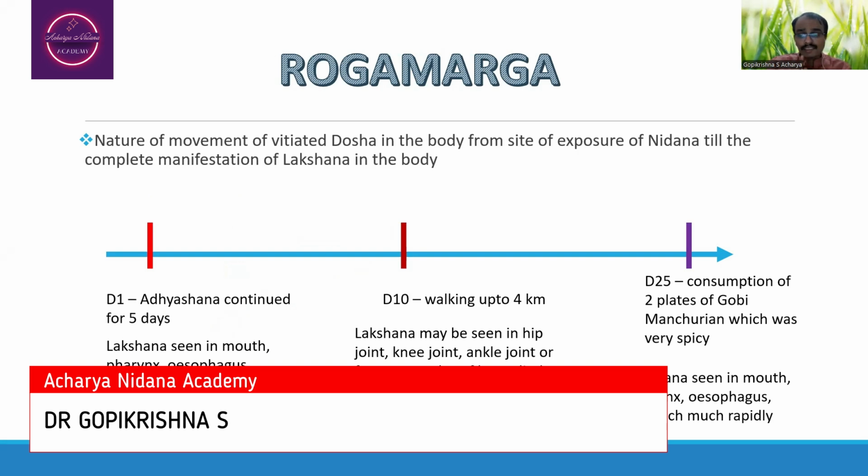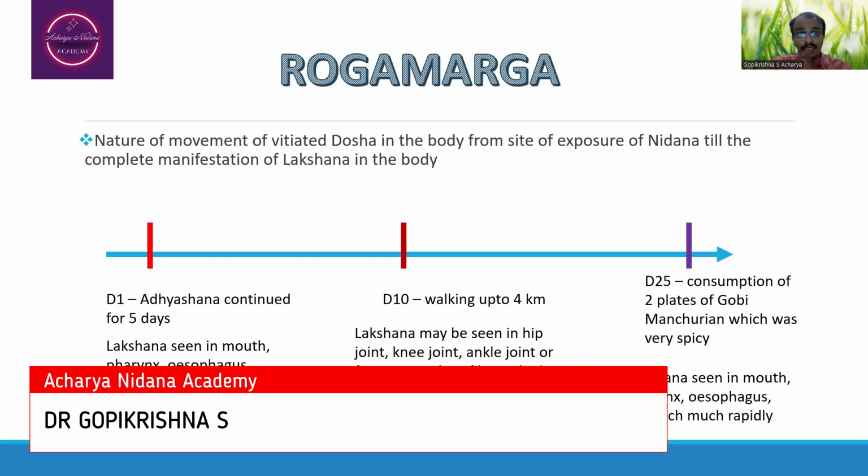Here is an imaginary case scenario, wherein we see a 25-day history. On the first day, the person is doing Adhyashana, that is, the person takes a large amount of food frequently, within 2 hours between two meals. The person does that continuously for 5 days.